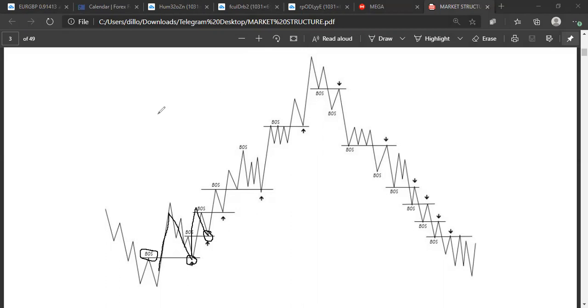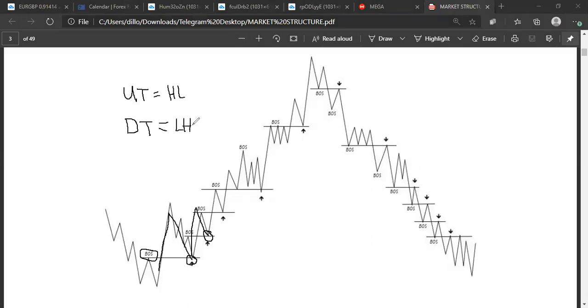As I always mention in previous videos, for uptrends, your entry opportunities are going to be your higher lows. And then for downtrends, your entry opportunities are going to be your lower highs.